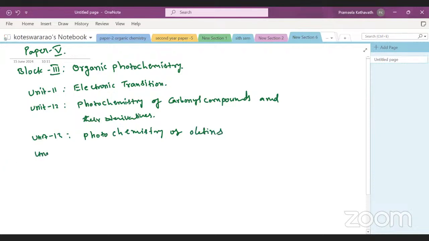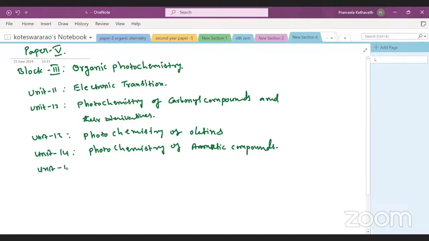Next, unit 14, the fourth one: photochemistry of aromatic compounds and their isomers and substituted aromatics. The last unit, the 5th unit, that is the 15th unit: photochemistry of some nitrogen compounds and oxygen compounds.